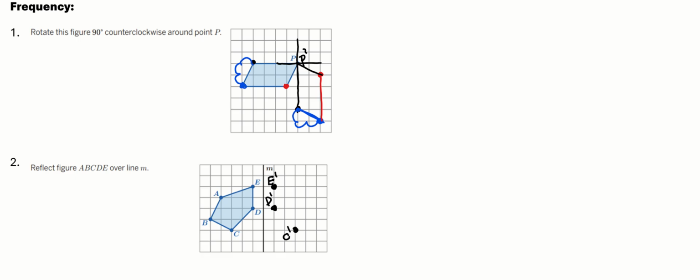B is 1, 2, 3, 4, 5 away. So I'm going to go 1, 2, 3, 4, 5, the opposite direction. And then A is 1, 2, 3, 4. So 1, 2, 3, 4. And that is how the reflection over M would look.